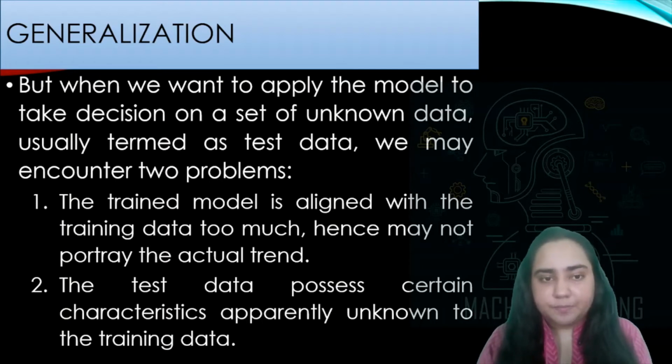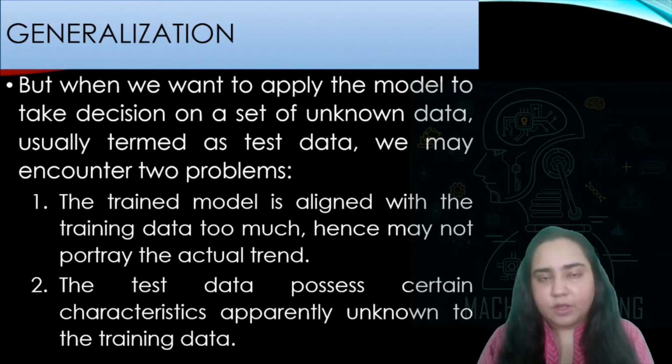The first is the trained model is trained on training data, which makes it easier for it to actually give you the correct answers with the training data. But it may not portray the actual trend when you try to get in more data, which is newer. And the test data could possess some characteristics which are unknown to the training data.